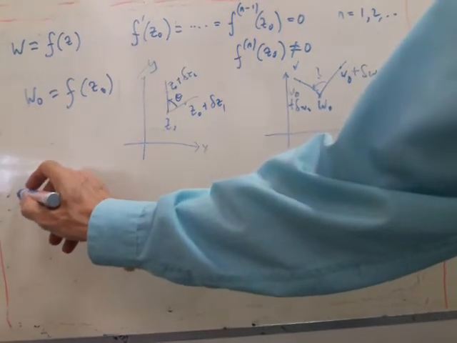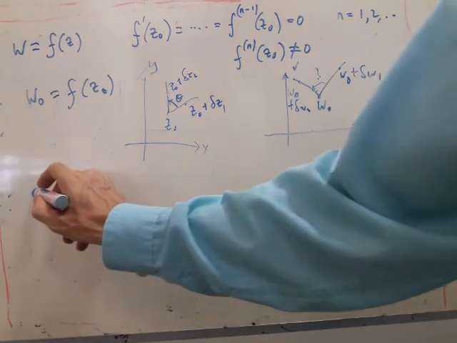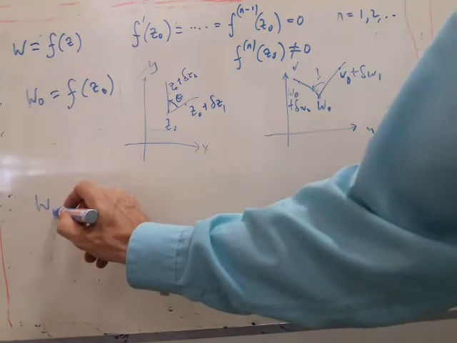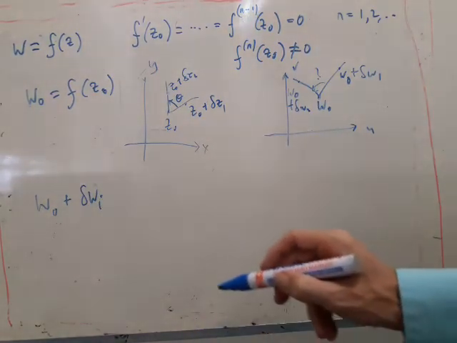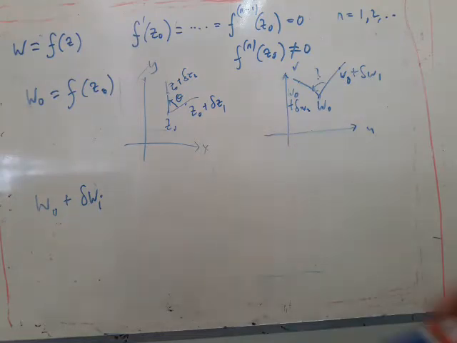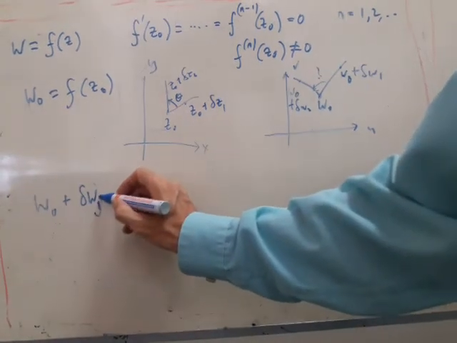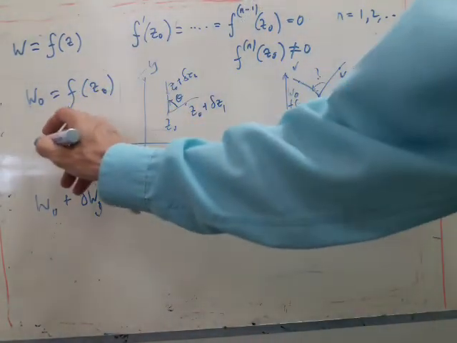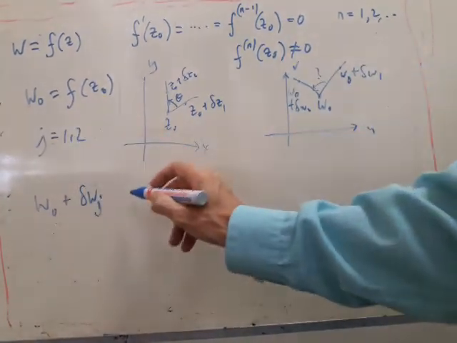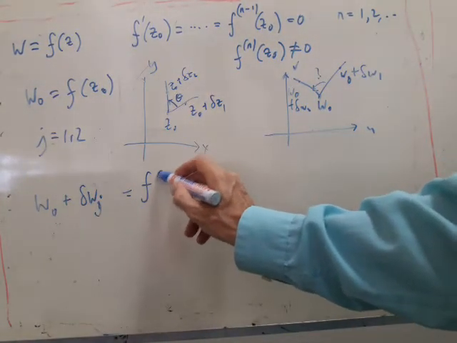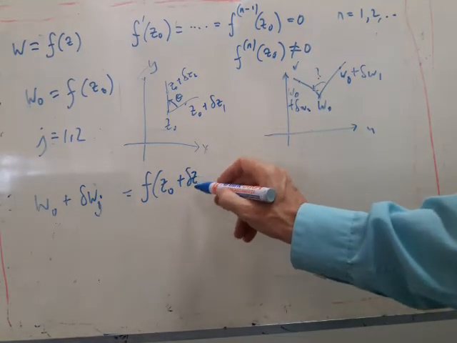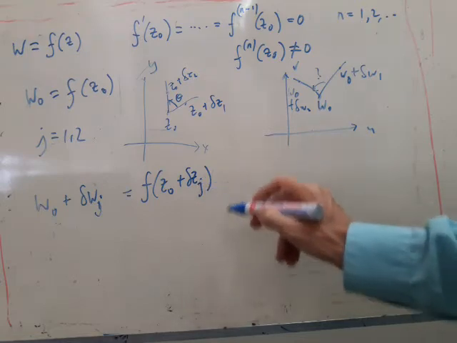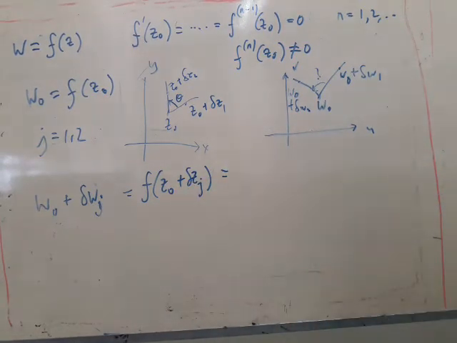So what we do is we consider the Taylor series. So we say, well, w0 plus delta wj, and I'll just use subscripts. j is best to use in complex with an i. Delta wj, where j is 1 or 2, is going to be f of z0 plus delta zj. And then I just expand this using the Taylor series, which I'm allowed to do because it's analytic.